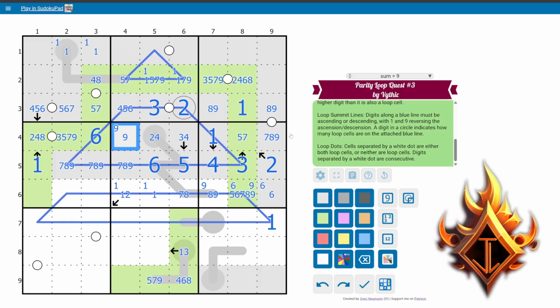Nothing looks too weird about that. This digit is still going there. This digit is still going there, but that could be 7.